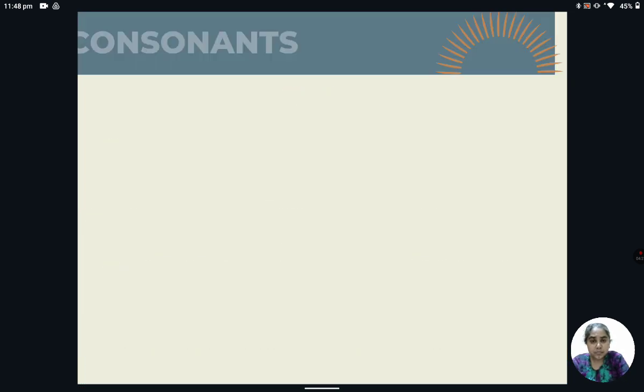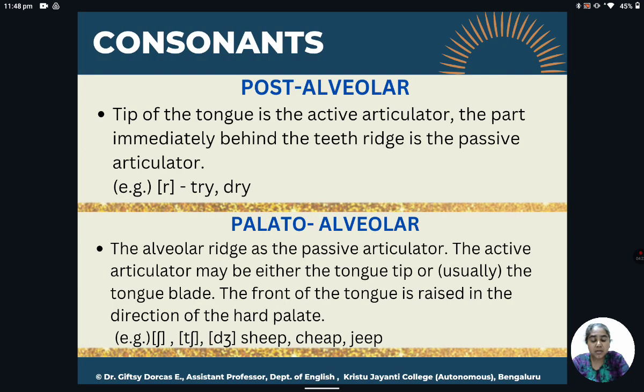Moving on, the next type of consonant sounds are post-alveolar. In this, the tip of the tongue is the active articulator and the part just behind the teeth ridge is the passive articulator. The r sound as in try and dry are post-alveolar.